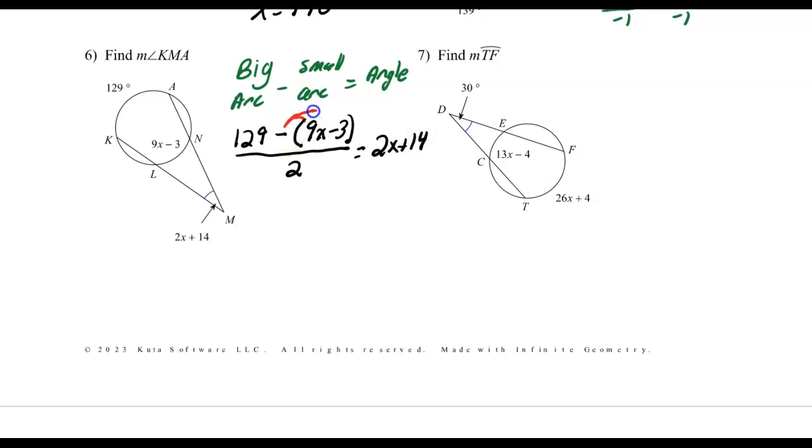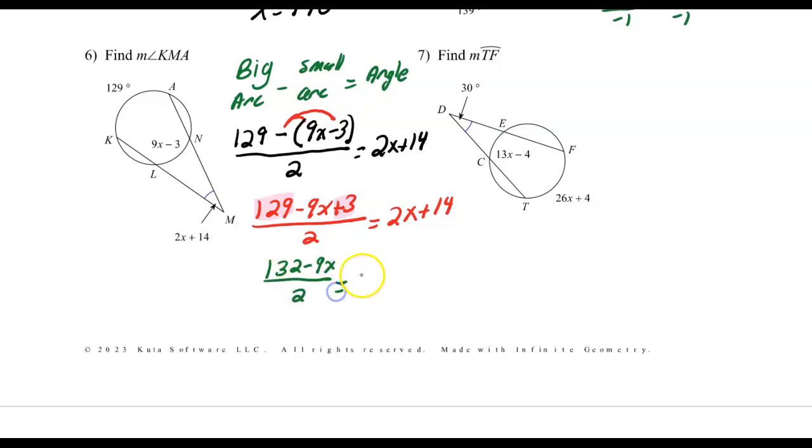Now make sure you distribute, so 129 minus 9x plus 3 over 2 is 2x plus 14. I'm going to combine the 129 and 3. So 129 plus 3 is 132 minus 9x over 2 is 2x plus 14.